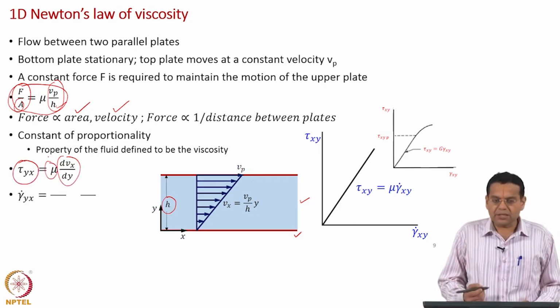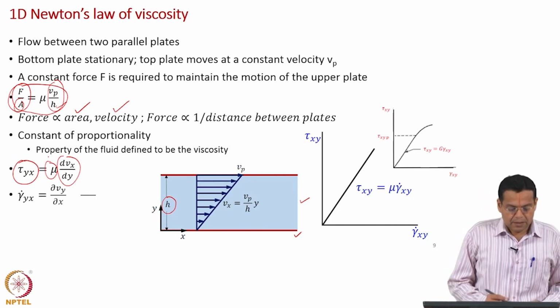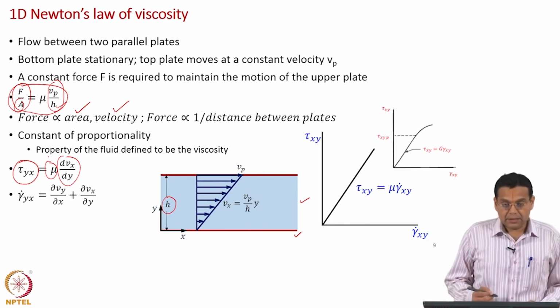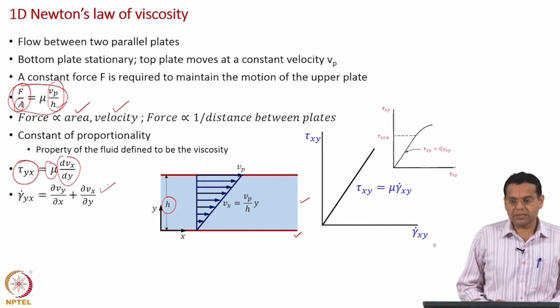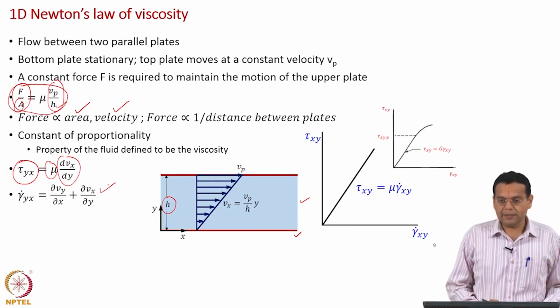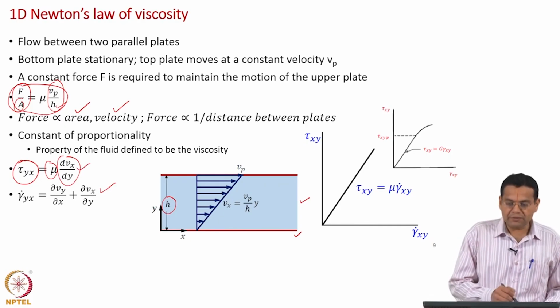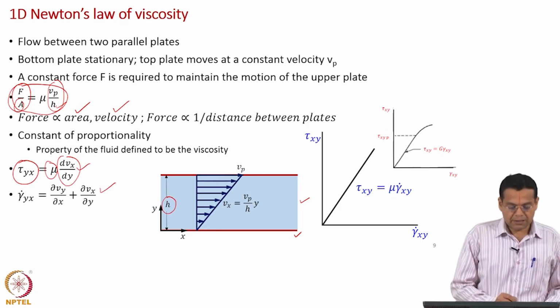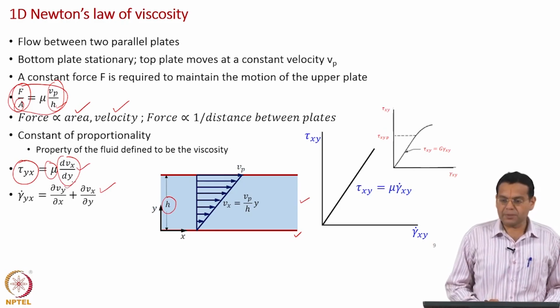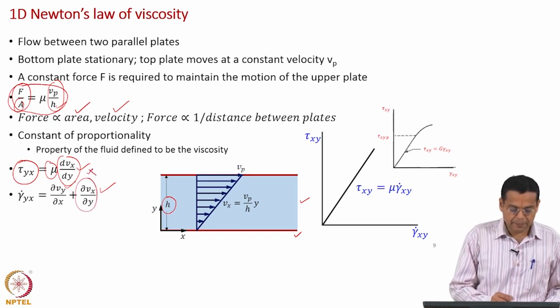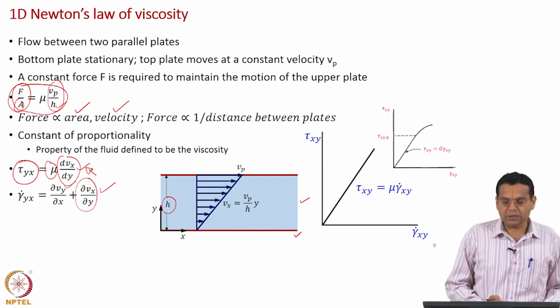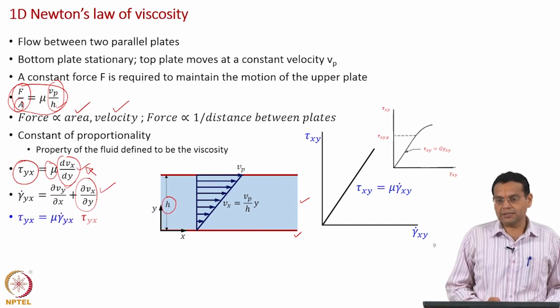How do you write this a little more generally? The shear strain rate is given by this expression, which we have seen already, dou Vy by dou x plus dou Vx by dou y. What we have is, because there is no y component of velocity, only one of the terms appears here, okay. So, if you want to write this more generally, tau yx is equal to mu into gamma dot yx.